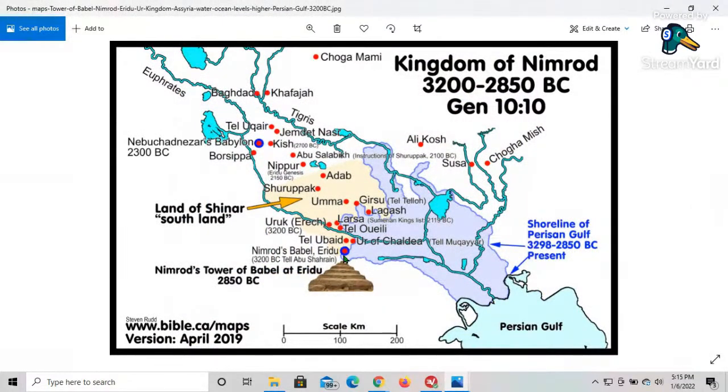It shows the shoreline of where the Persian Gulf used to be. These are all the ancient cities. This is the city of Ur here somewhere, Ur of the Chaldees. Eridu right there, Nimrod's Babel. Okay.